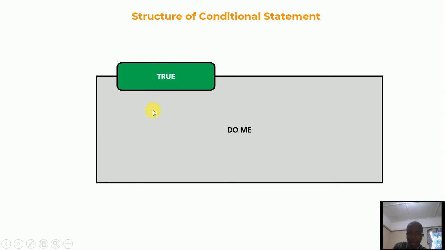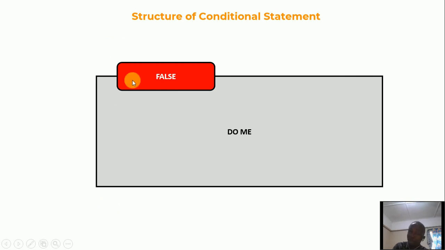When we are done entering, we are supposed to do all the actions in the big box. When we are done with the last statement in the big box, we will jump out. All right. If it is false, the moment we get here and this condition is false, we will pass by it. All right. So we will not enter it because the condition is false.